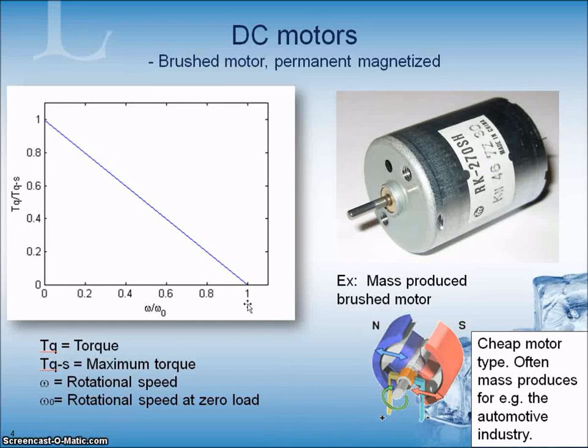This is in theory a completely linear behavior, where we have the maximum torque at standstill and the lowest torque, 0, at maximum rotational speed. That's why it stops rotating any faster. In theory it looks like this, but also in reality it's a really linear relationship.